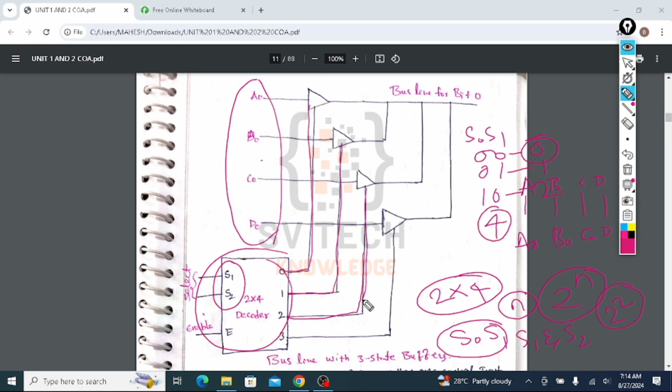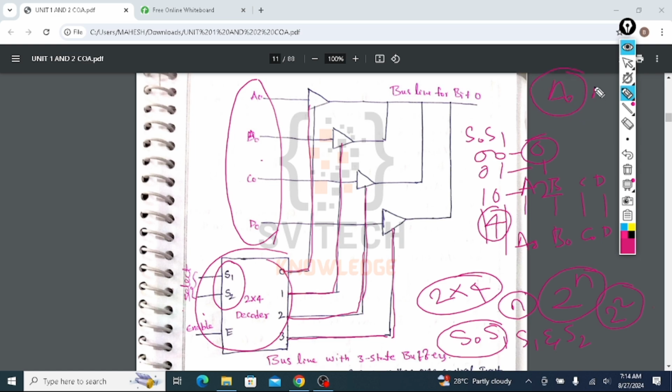If the decoder produces selection lines 1 1, then control line 3 will be connected to the buffer. So these buffers will select one of these: either A0, B0, C0 or D0. So this is selection of one bit.